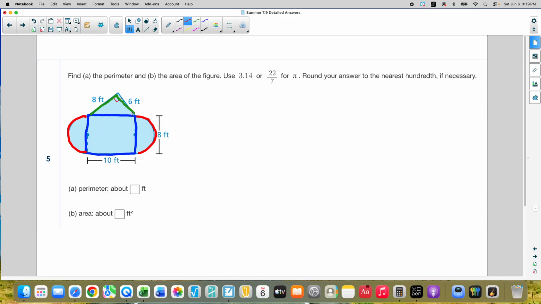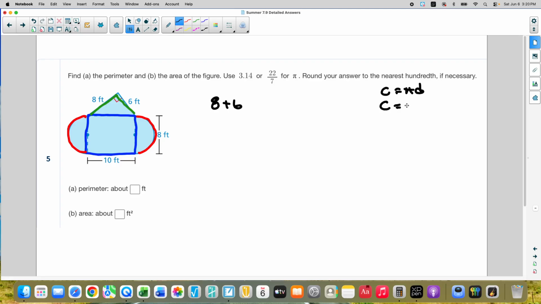Perimeter we'll be able to do. Perimeter is distance around, so that's going to be 8 plus 6. And then we need to find the distance around the circle. So as my little scratch work, we have to find the circumference of pi d.